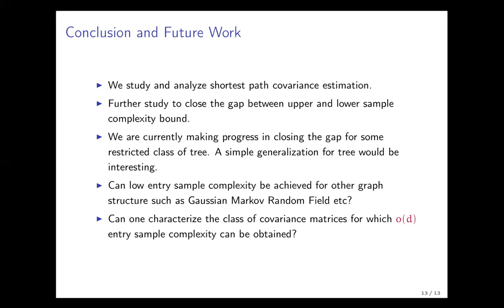Can we apply the idea of low entry sample complexity to other kinds of graph structures or graph signal processing problems? Also, can one characterize the class of covariance matrices for which you have access to a sublinear number of entries per sample? These are the problems we would like to explore and answer in the future.